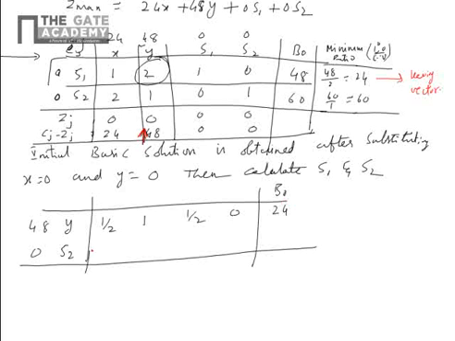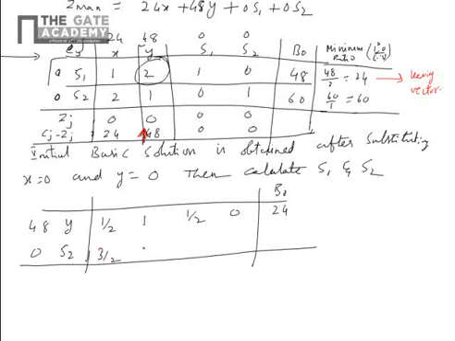So next, to get the values of row S2, we multiply by the pivot value. Whatever value already existed in the earlier place, 2, minus the corresponding value in the leaving vector, 1 into 1 by 2. So 2 minus 1 into 1 by 2 is nothing but 3 by 2.